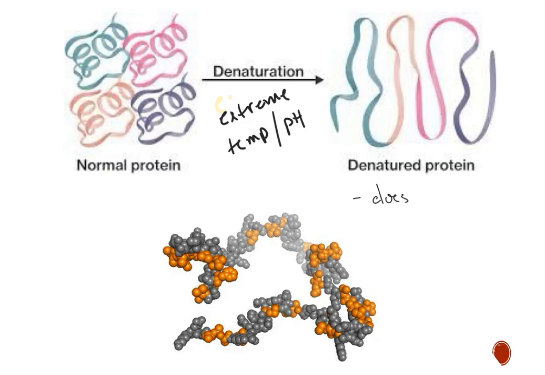Does not work then. All right. And so this concludes our lecture on enzymes. Be sure to be able to look at an activation energy graph of an enzyme and explain what is going on with that particular scenario.